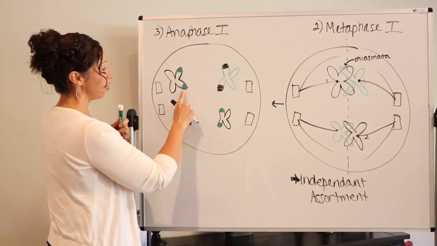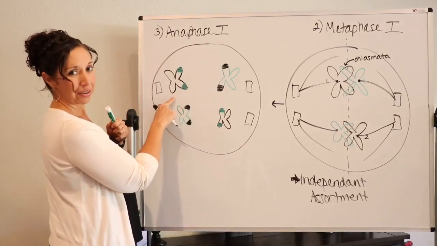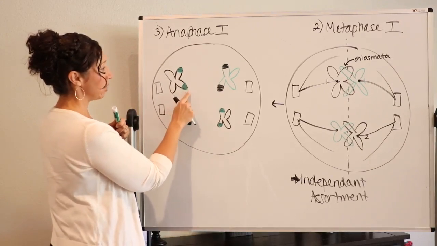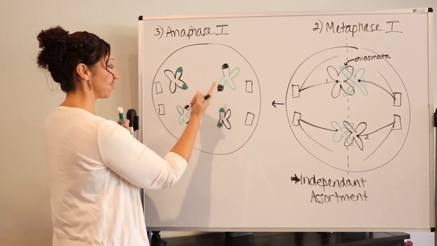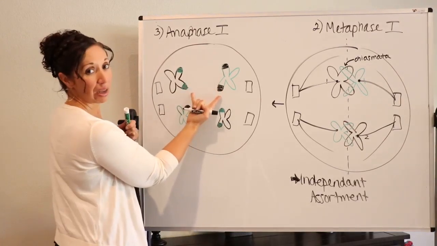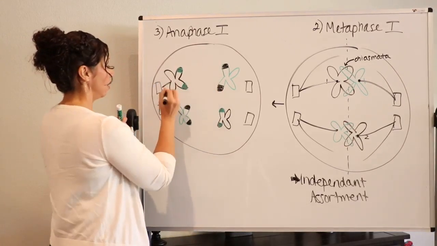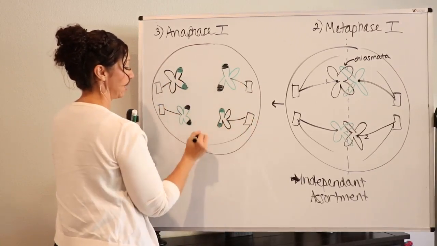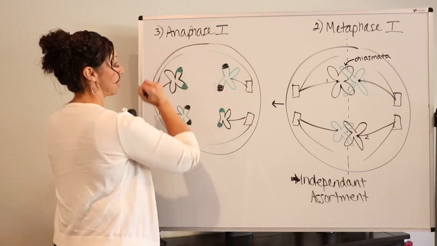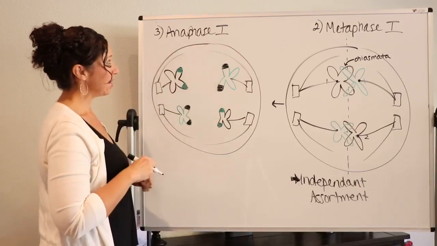So these sister chromatids, they're not identical anymore. I now have genetic information from that homologous chromosome on here, and vice versa. They swapped genetic material. And of course we have our kinetochore microtubules over here. We're lengthening out the cell, and there we go. So that's anaphase 1.